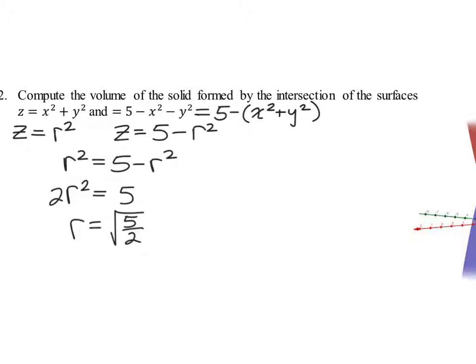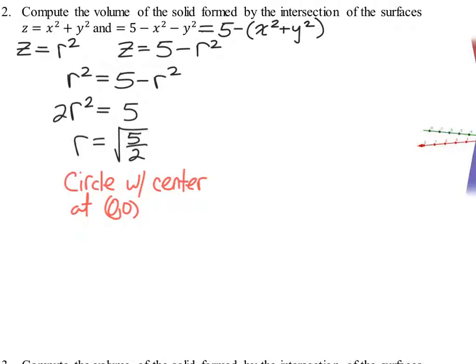So this is a circle with center at 0, 0, and the radius is stated. So I can draw that poorly.